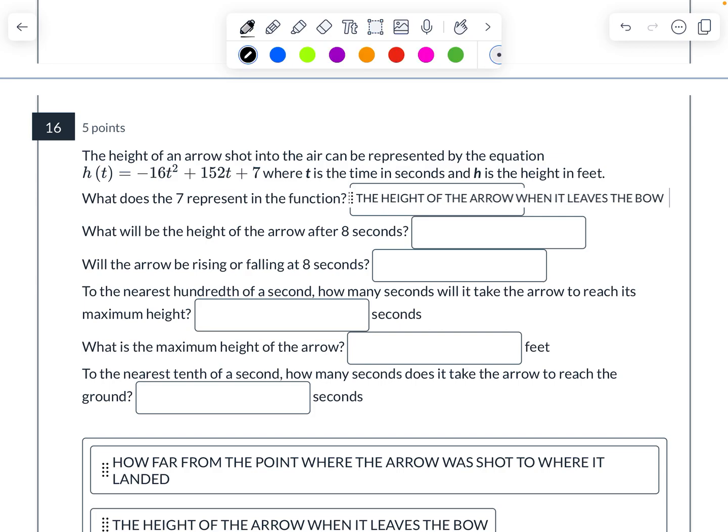So we are going to take the original problem, and we're going to say what happens if I substitute in an 8. So I have negative 16 times 8 to the power of 2, plus 152 times 8 plus 7. So that's what I'm going to type into the calculator.